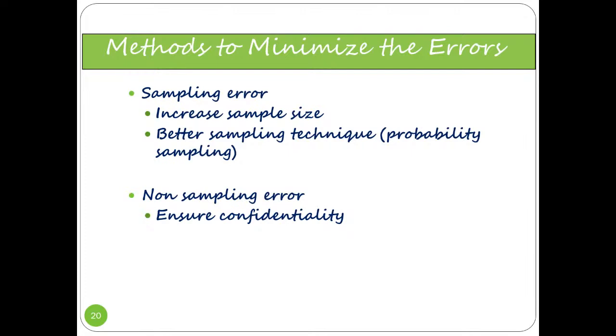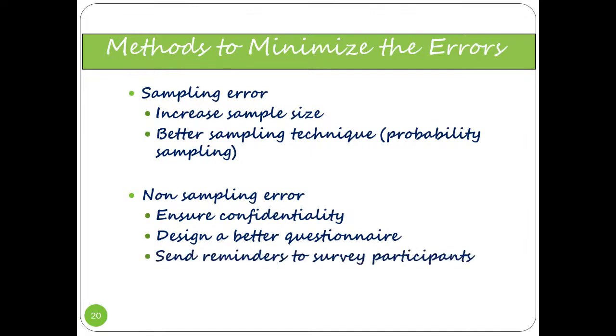For non-sampling error, ensure confidentiality. If you're doing a clinical trial, single blinding and double blinding all come into the picture. And design a better questionnaire. The questionnaire should always be a proper representation of your study.